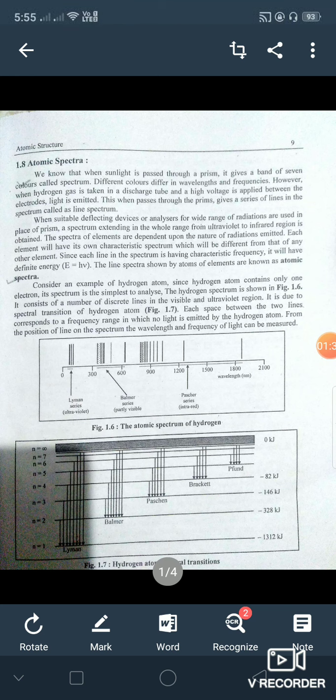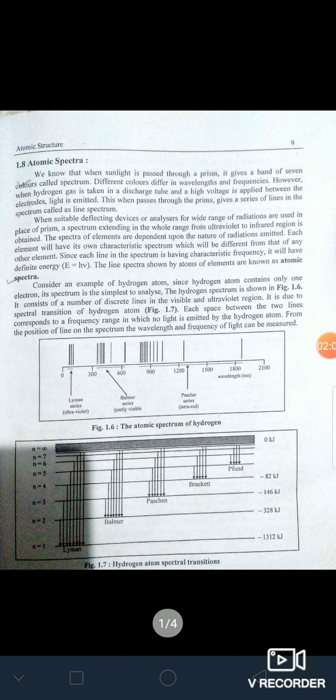Since each line in the spectrum has a characteristic frequency, it will have definite energy, meaning E is equal to h nu. The line spectra shown by atoms of elements are known as atomic spectra.